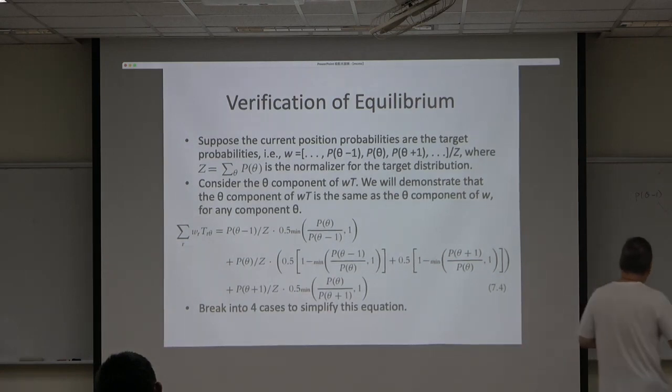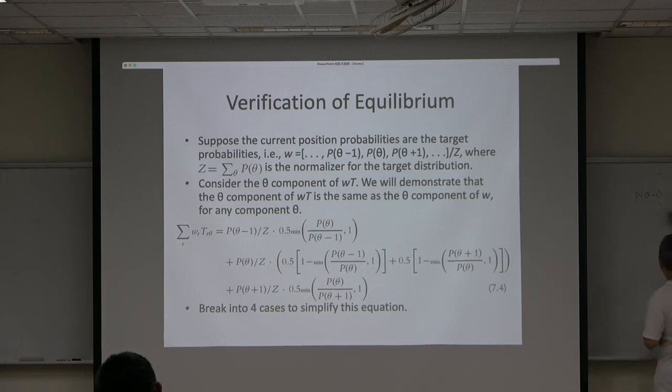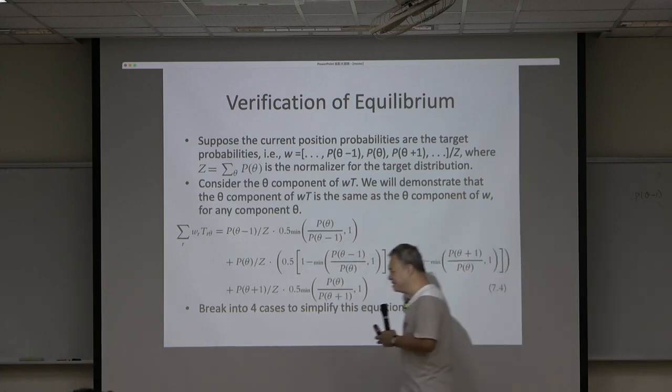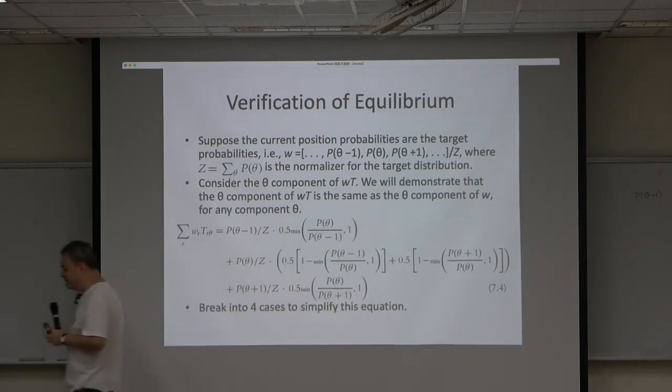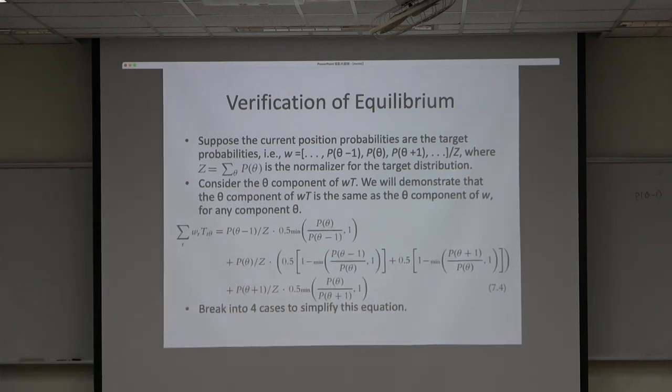So you have two cases here, and two cases here. So 2 times 2 is going to be 4. To be exact, let me list all the possible cases that we want to discuss.